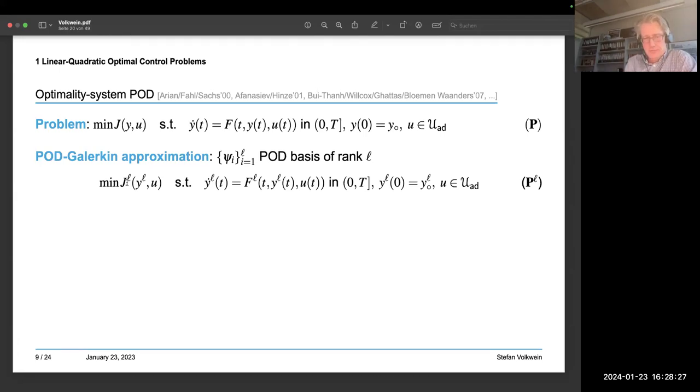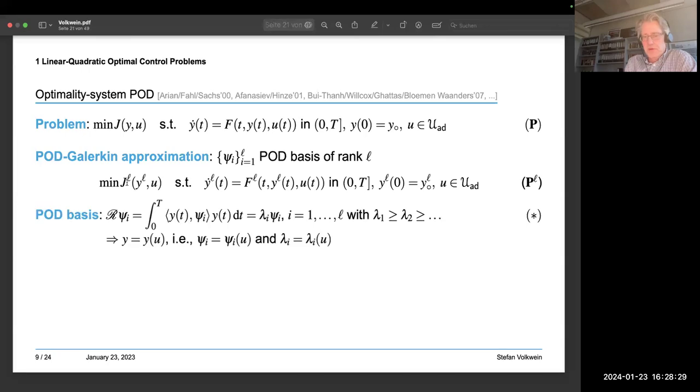So I go further. The POD basis in that case, I wrote you POD basis of rank N, L, is computed as we did before. We solve the state equation for some U, and then we use these snapshots to build a basis. So we solve these so-called eigenvalue problems, and the solutions are given by this POD most.